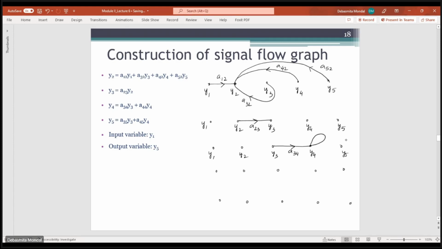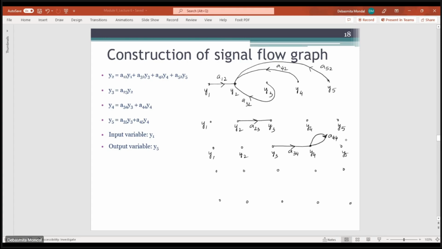Usually we were considering loops which were starting from one node and ending at a separate node. But this is also a loop, one that starts from the same node and comes back to the same node, just that the gain will be something else. So this is a gain of a44.